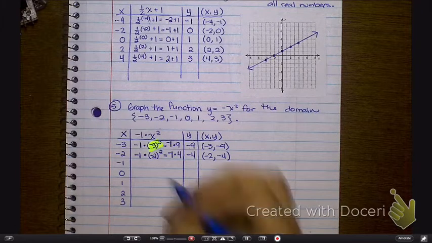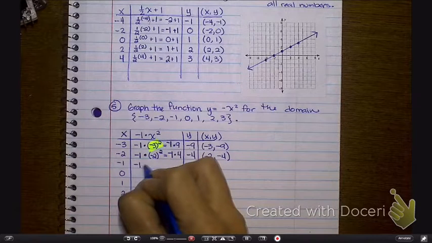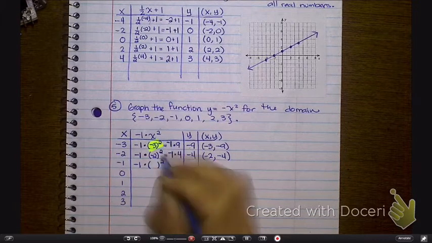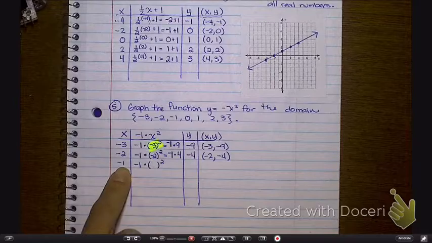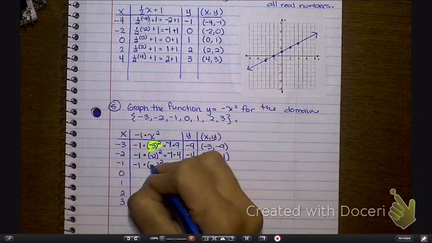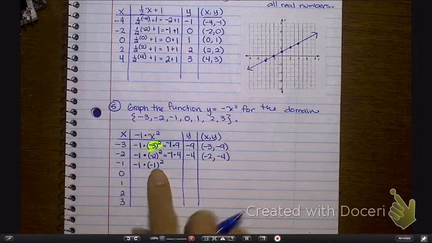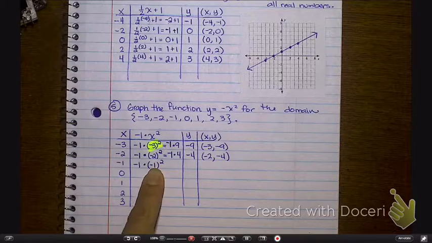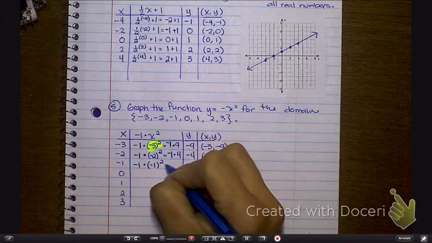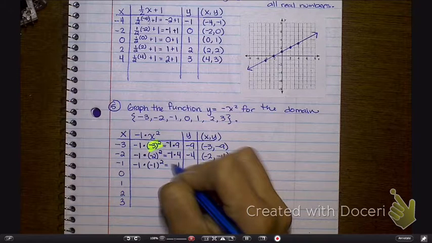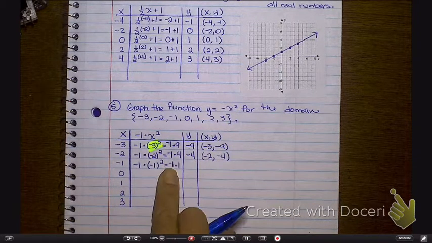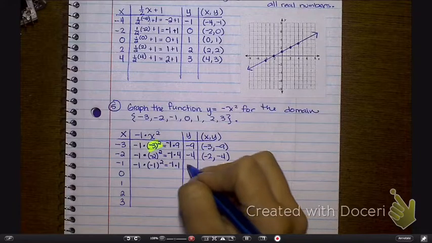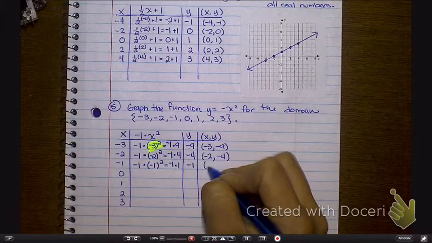Next, -1 times, in my x spot, I'm putting in -1. -1 times itself, -1 times -1, is +1. Now, I still have that +1 multiplying by this -1, so what does that give me? -1.